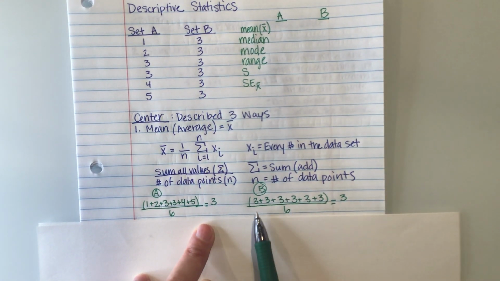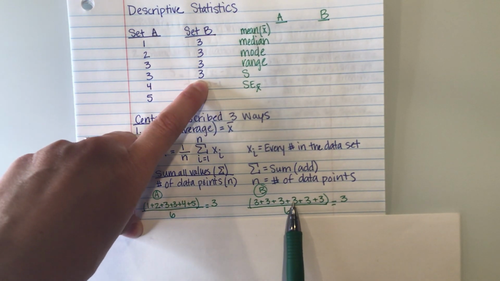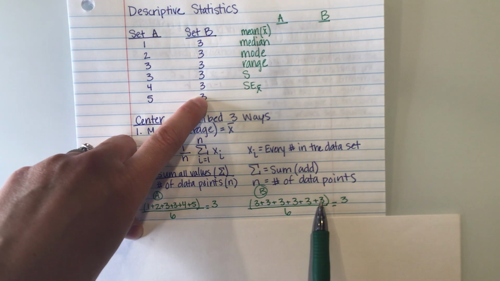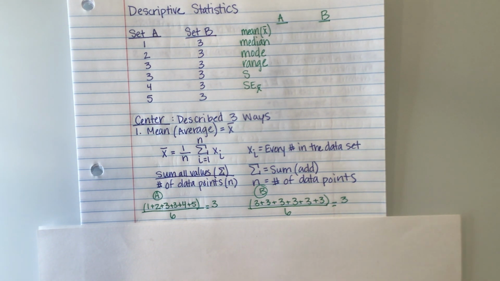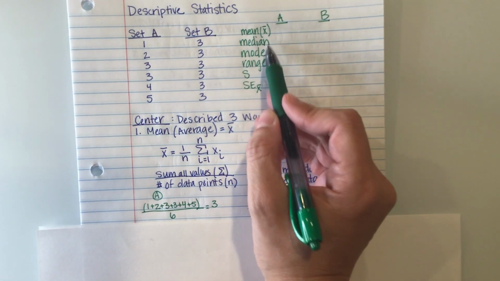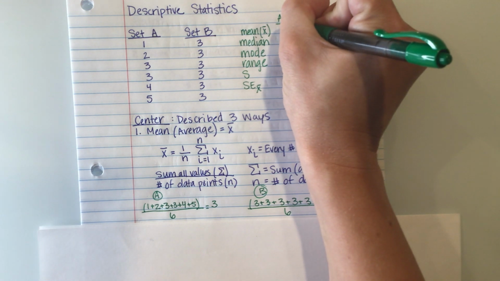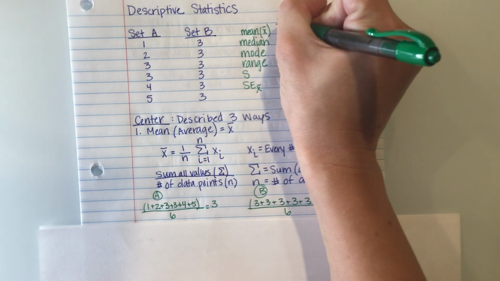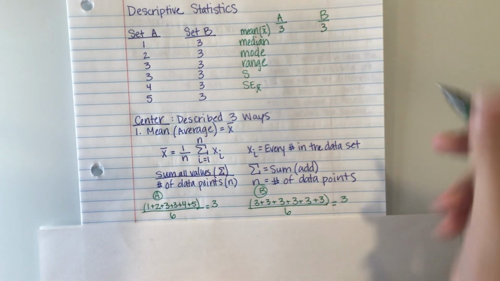And set B is going to be 3 plus 3 plus 3 plus 3 plus 3 plus 3 divided by 6, because there's 6 values still in that data set. And that's going to give me an average or mean value of 3. So I'm going to go ahead and record those two things up here in my little table. I'm going to say the mean of set A was 3. And the mean of set B was also 3.